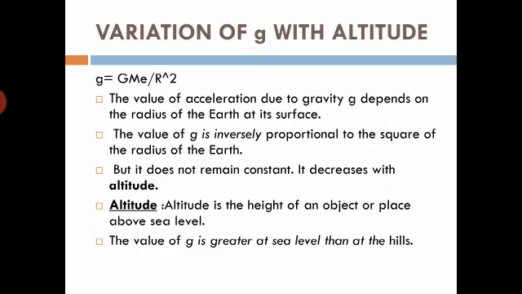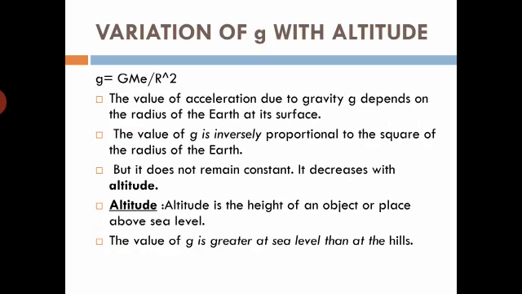The value of acceleration due to gravity, small g, depends on the radius of earth at its surface. From this formula, it is clear that the acceleration due to gravity is inversely related to the radius of the earth.